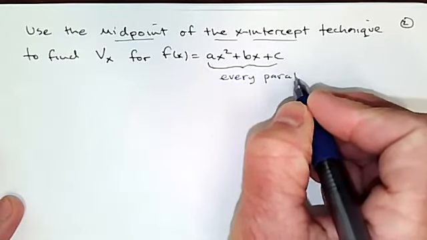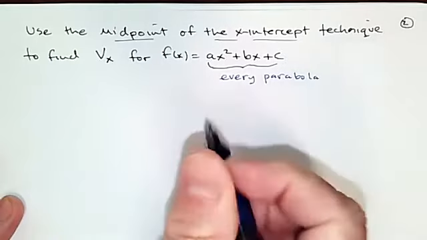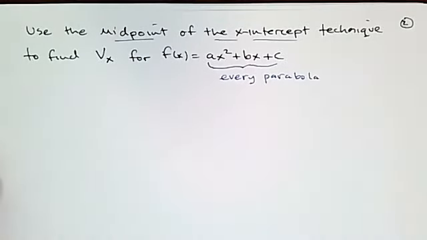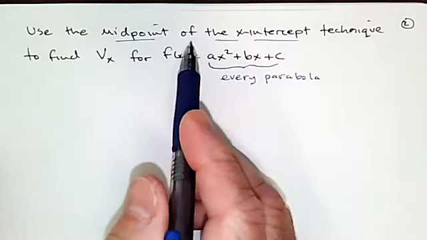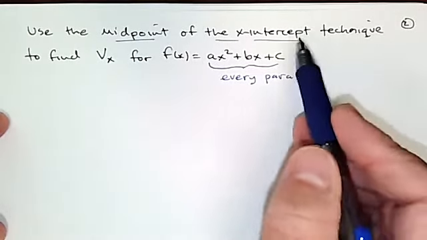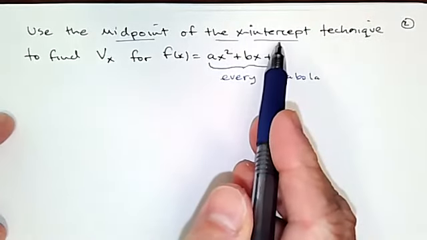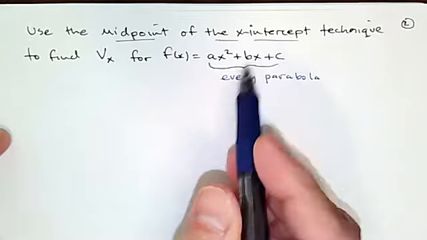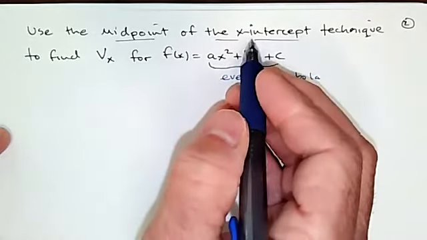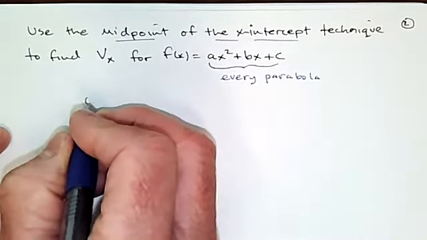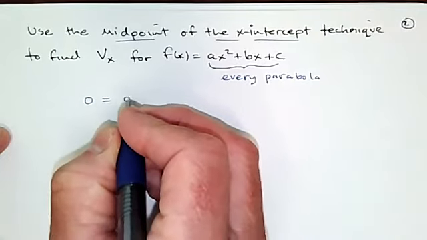Every parabola you could ever come up with would have a form like that, ax squared plus bx plus c, including ones that don't have any x-intercepts. And that might seem surprising, like how am I going to do this if there are no x-intercepts? But let's just try this. So if I was going to do this method, I would first find my x-intercepts by setting y equal to 0.